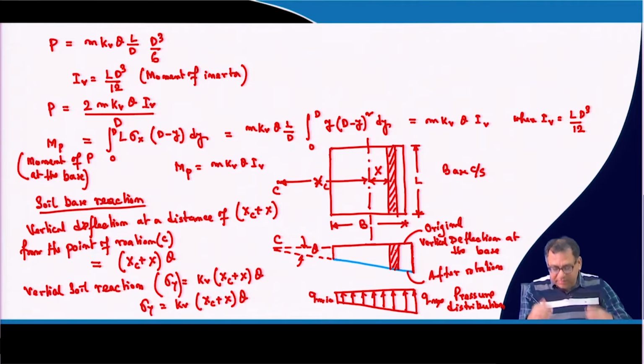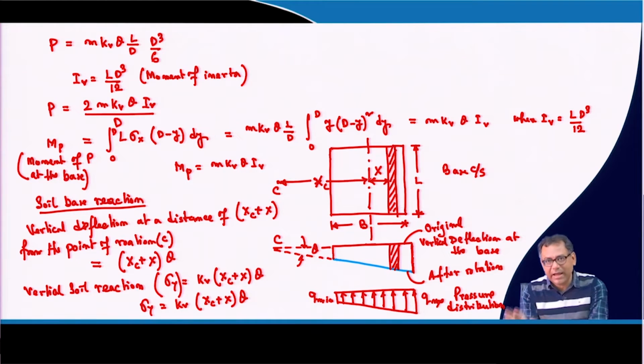we have a vertical soil reaction, sigma y. Now if I want to take the moment that is generated at the base of the well, and that we are taking from the center, and we have a small segment, the stress is sigma y. So, sigma y is the stress and we are taking with respect to center, center means this one.